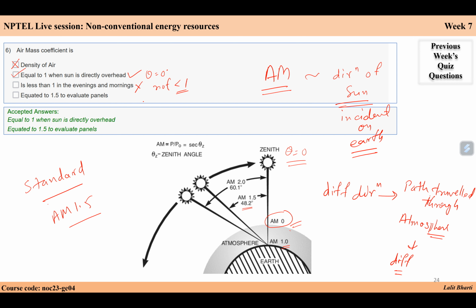It is 0 only outside the atmosphere. The fourth option is equated to 1.5 to evaluate panels. Yes, that is the standard AM1.5. It is used to evaluate solar panels. So the second and fourth are the correct options.